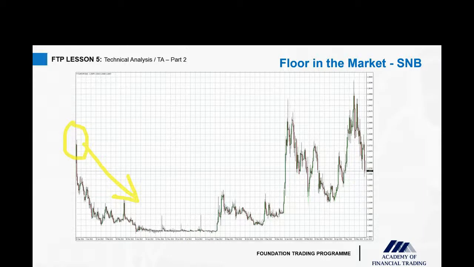Now, if you're Switzerland, that's very bad for business, because all of those fine watches and all of those luxury chocolates and all of those services which are provided by Switzerland, they become more costly very quickly. Therefore, you as the Swiss National Bank, the SNB, you might come into the market and you might start buying at 120.